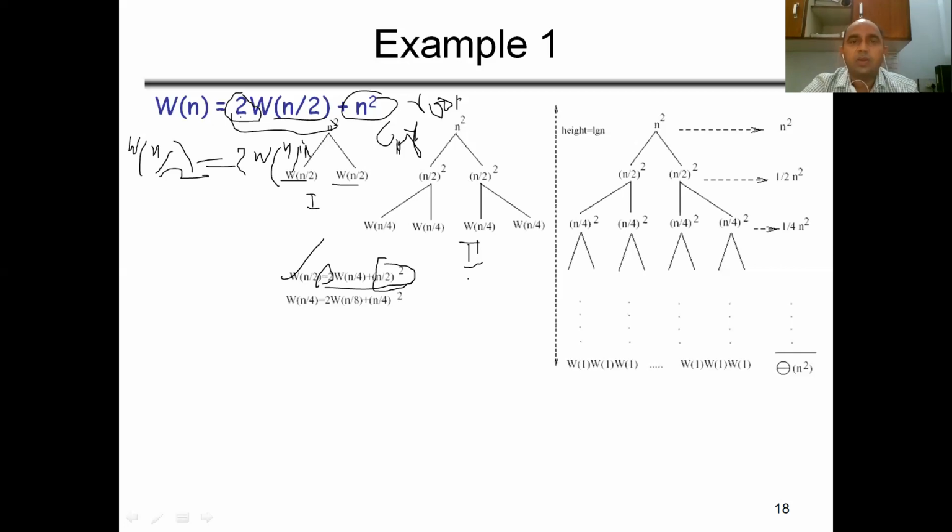Further, I have to solve W(n/4) by putting the value of n/4 in my main equation. I can write W(n/4) is equal to 2W(n/8) plus (n/4) square from the main equation. I can grow this tree because this is my root cost.